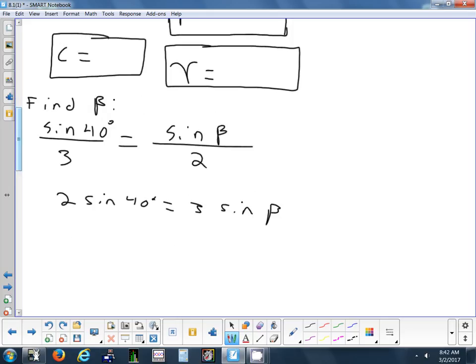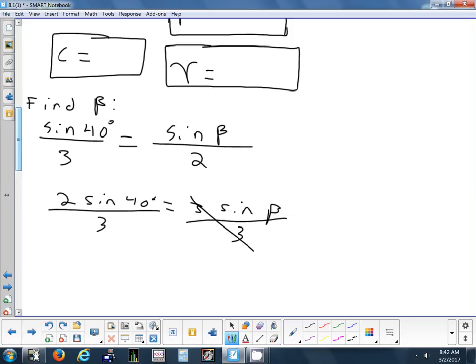Rachel, what would I do next to start to get beta by itself? Okay, so eventually we want everything that's next to beta on the other side. What would you move first? Okay, how would you do that? Yep, divide by 3.